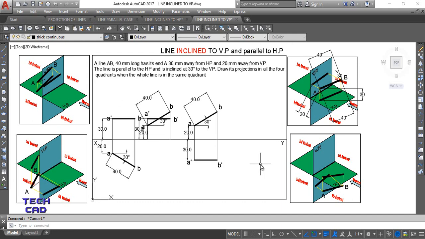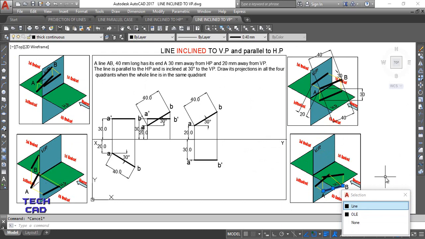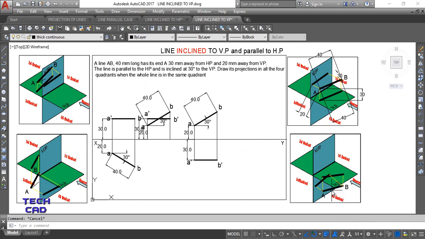Okay, now I'm going to make this line in the fourth quadrant. So again, this is a projection of a line in the fourth quadrant. The angle with VP is given. You can see here, this is my line AB, and it makes an angle with VP, and it is parallel to your HP.